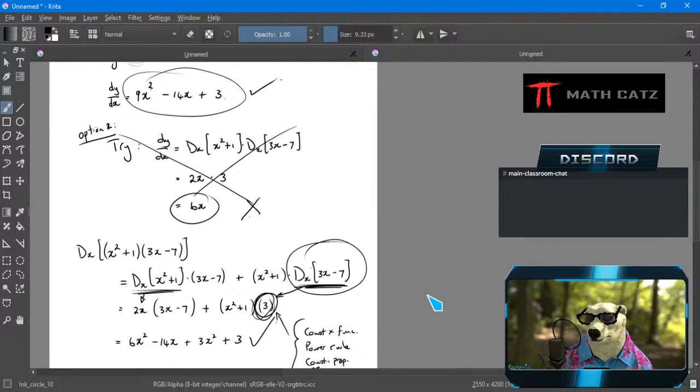So as not obvious as it may be why the product rule splits these pieces into multiple terms, it's necessary to get the answer that I need to get. There's only one right answer here. The derivative of a function is a specific other function. Regardless of which route I take, it needs to get me to the same answer.